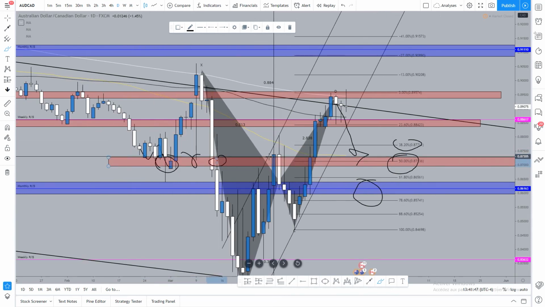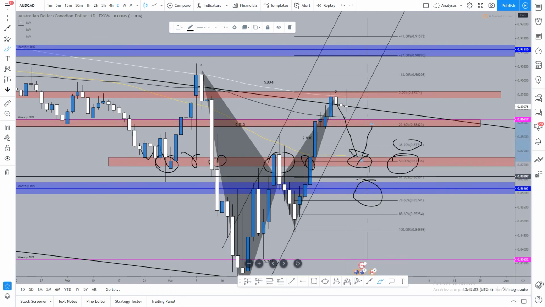So all the confluence is here. If you see a reversal pattern and some chance that it will go up, you can take partial profit or even all your profit if you want to. So this is it for the daily time frame.